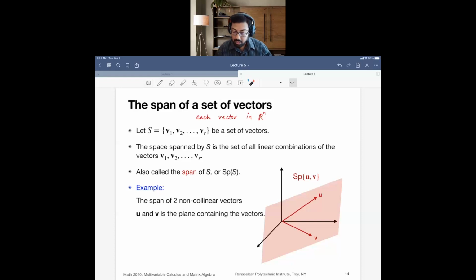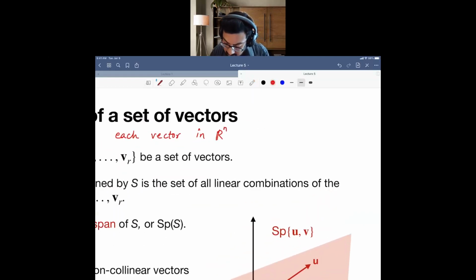So what is going to be a linear combination of these vectors? It is going to be k1 v1 plus k2 v2 plus, and so on up to kr vr. That is a linear combination of those R vectors.